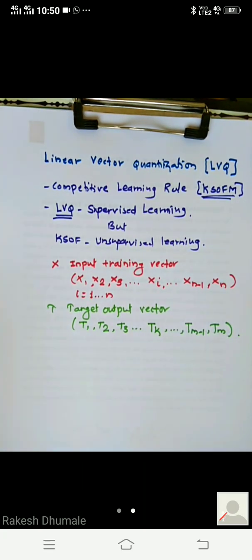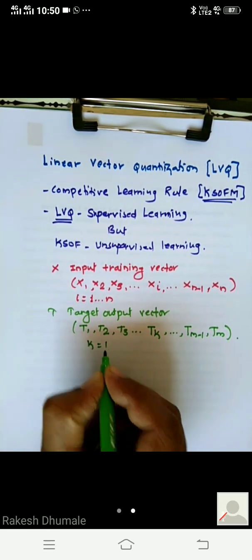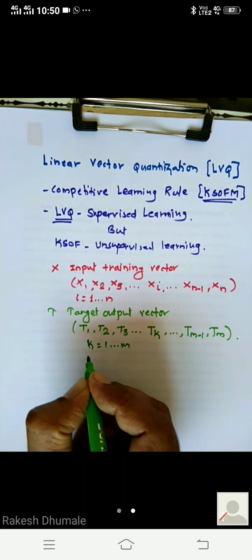So the total number of targets is M, where K varies from 1 to M. So how many output classes are there?